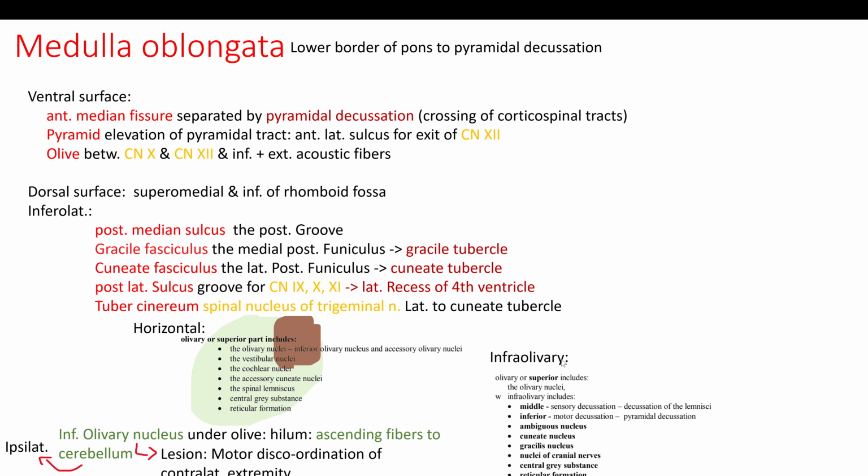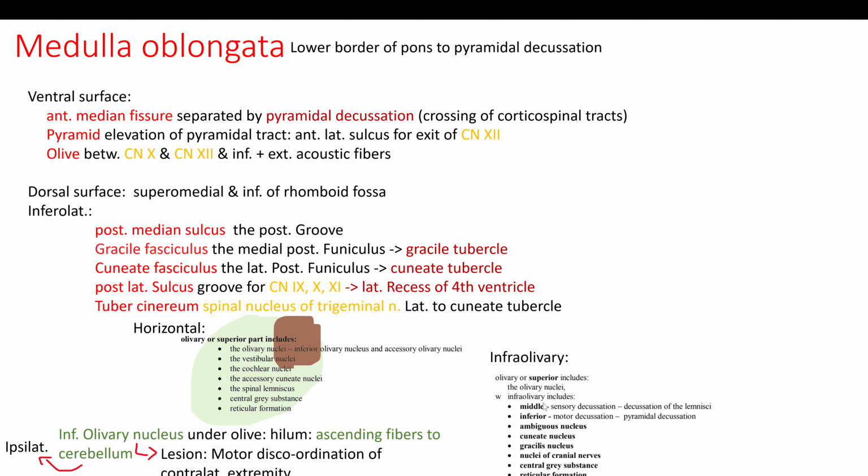With the olivary part including the olivary nuclei, the infra-olivary part includes the middle sensory decussation, decussation of the lemnisci, inferior motor decussation, pyramidal decussation, nucleus gracilis, nucleus cuneatus, nuclei of cranial nerves, substantia gelatinosa, and reticular formation.